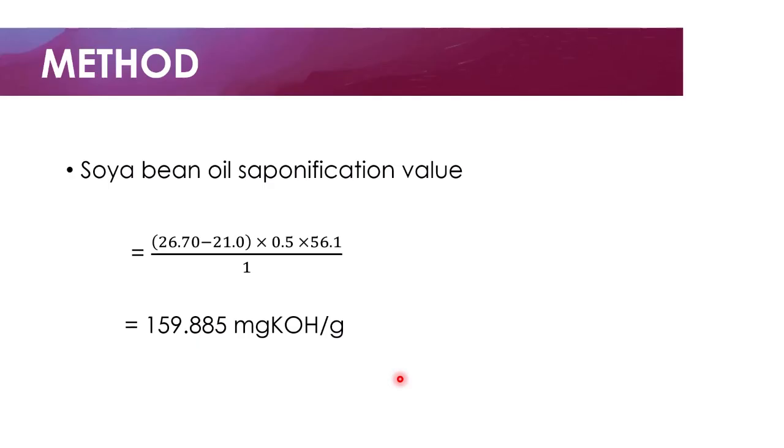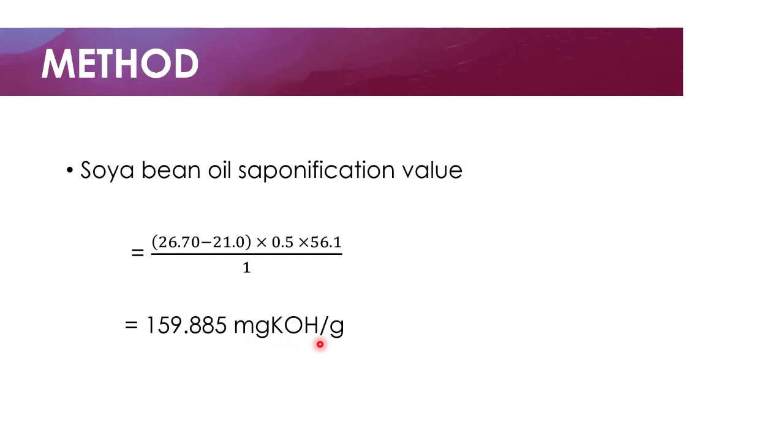For the soya beans oil, if you substitute the results into the equation, we will get a saponification value of 159.885 milligrams of potassium hydroxide per gram.